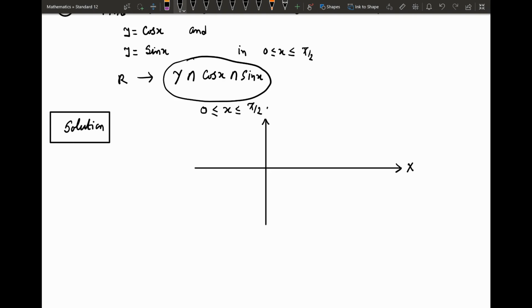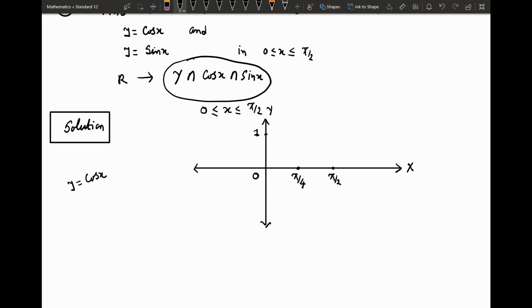X axis, y axis, 0, pi by 4, pi by 2, 90. This is 1. So first we draw y equal to cos x.